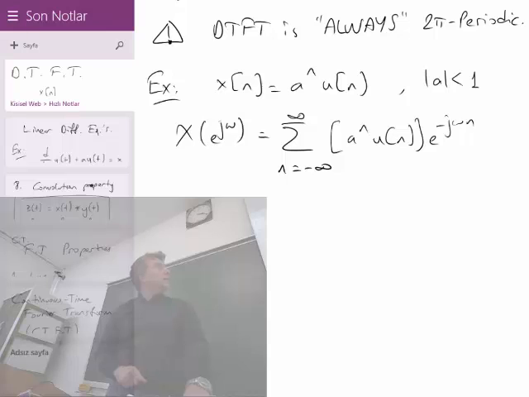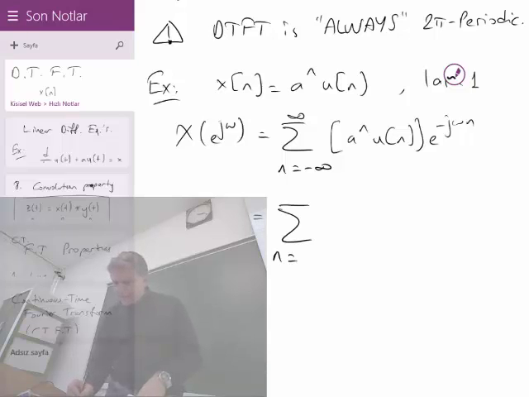And this u of n forces my summation to start from 0 and go up to infinity, because n less than 0 will make u of n to be 0. So we can write it like this. n is not from minus infinity, but from 0 to infinity. Then a to the n times 1 is a to the n, e to the minus j omega n.